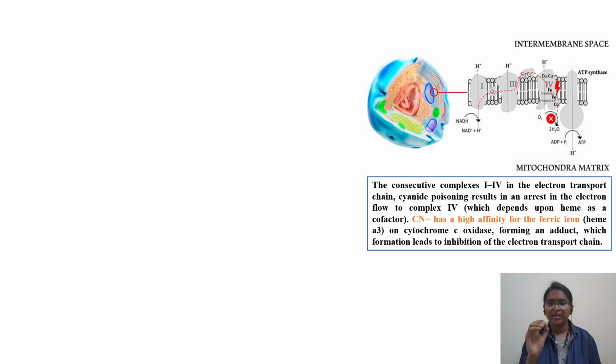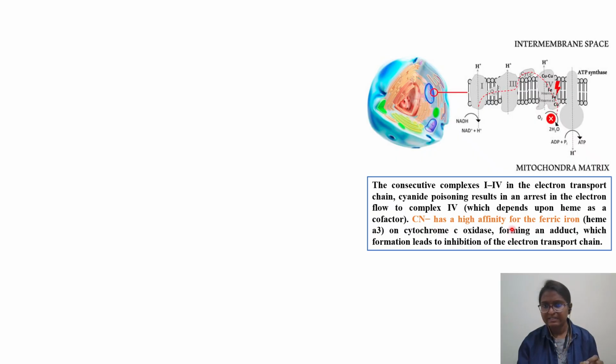Again, I told you, if you look into the typical mitochondria, which is the powerhouse of the cell, in the inner membrane space, you have complexes 1, 2, 3, 4. At complex 4, cytochrome c oxidase, this particular reaction is taking place. Of the consecutive complexes 1 to 4 in the electron transport chain, cyanide poisoning results in arrest of electron flow to complex 4, which depends upon heme as a cofactor.